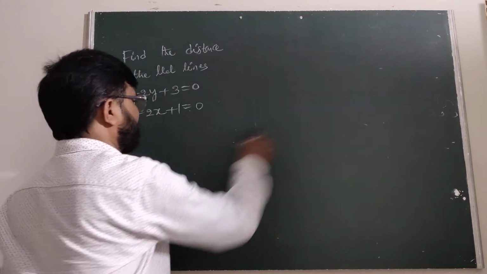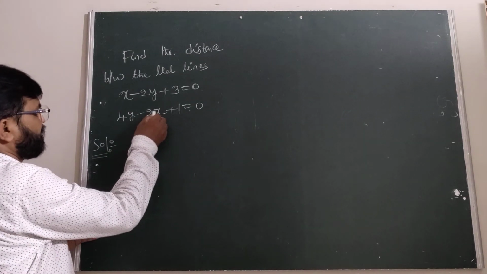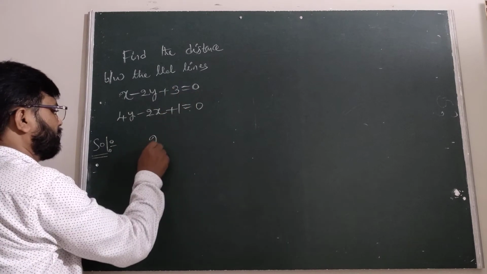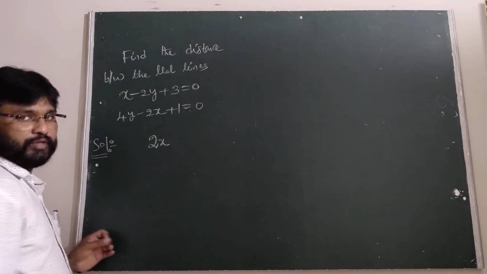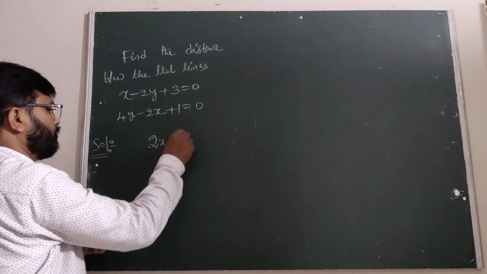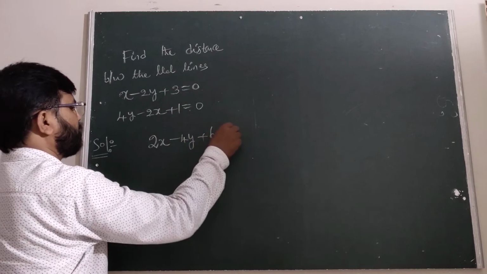Now we find the distance between them. The coefficient of x in the second equation is 2, so we multiply the first equation by 2. Then 2 into x is 2x, 2 into 2 is 4y, and 2 into 3 is 6, equal to 0.